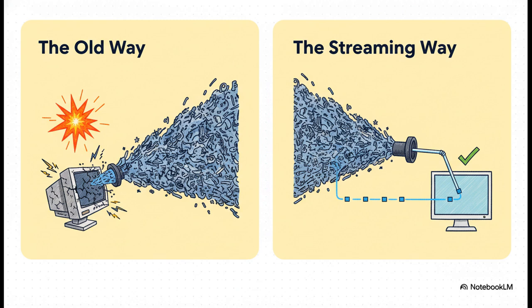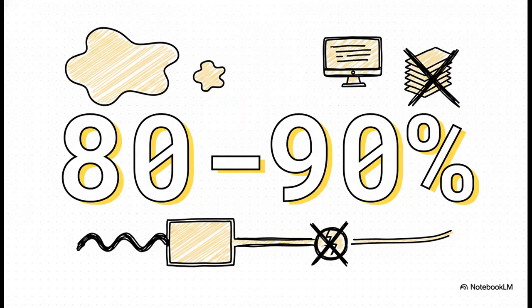But the streaming way, our hero's way, is like sipping from that fire hose with a straw. It just reads and processes the data one small, manageable chunk at a time. And the result of this super clever streaming approach, get this, a massive 80 to 90% reduction in how much memory it uses. That's not just a minor improvement. That is literally the difference between a tool that actually works and one that just gives up and dies.